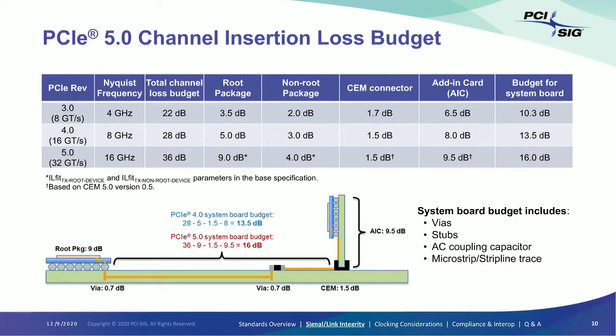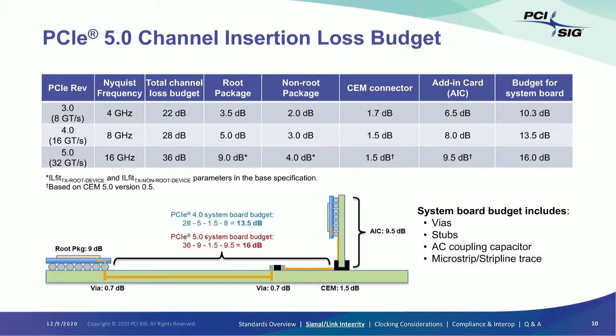The root complex package has been allocated 9 dB of that budget. That sounds like a lot, but if you look at the size of root complexes, they tend to be large. They tend to be situated in sockets. And so there's a lot of signal integrity challenges with root complexes, which justify that 9 dB budget.